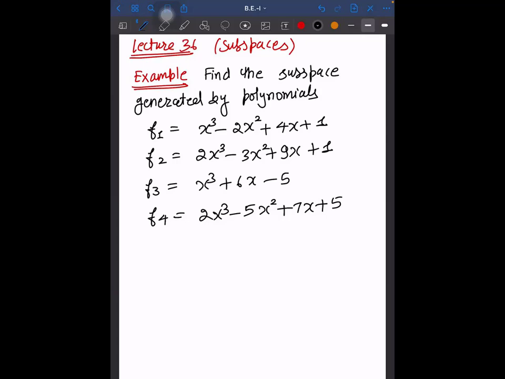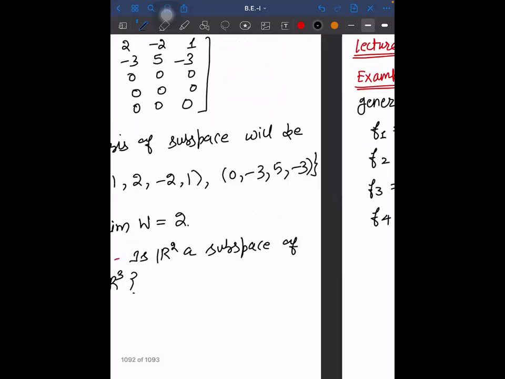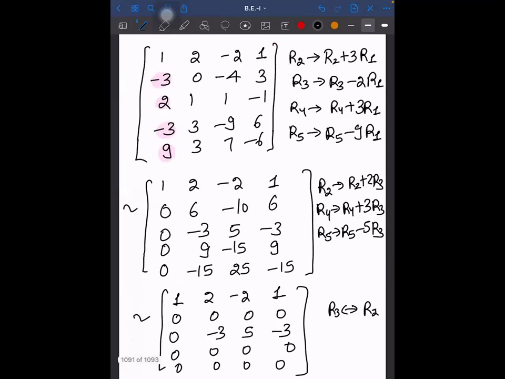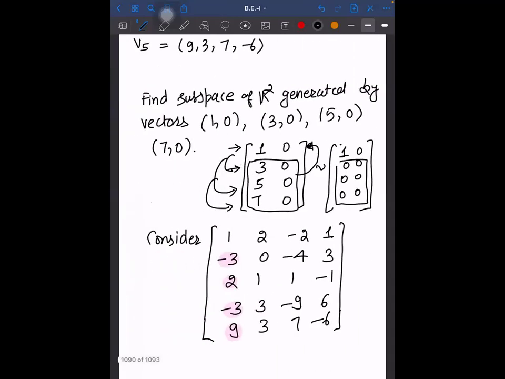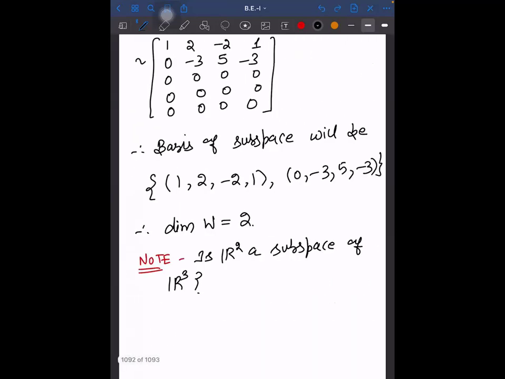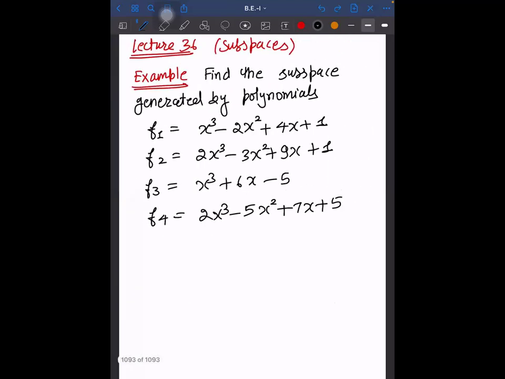So what we're going to do, as we have done in the previous questions, we take these vectors in a row format, and we make the complete matrix in the echelon form. So here we will also apply the same thing. We'll consider a matrix which will contain the coefficients of each of these four polynomials, that is 1, -2, 4, and 1.